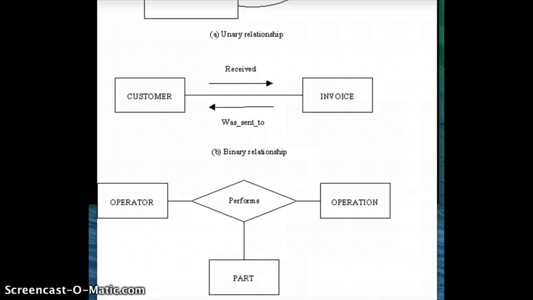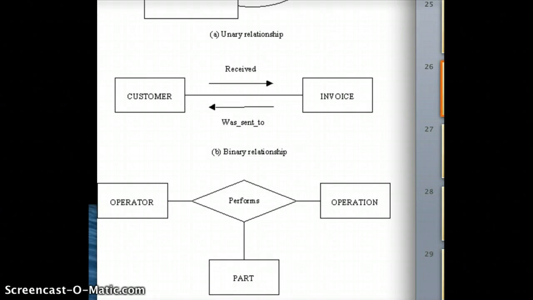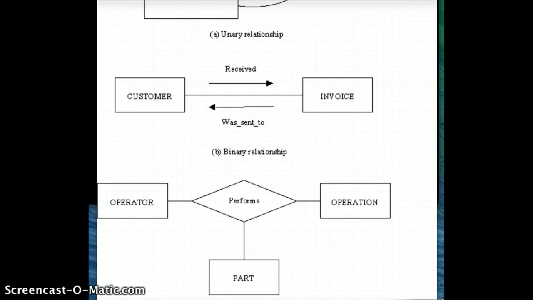So one entity is a unary, two entities of two different types is a binary, and ternary has three. Now, let's go over cardinality of relationships.